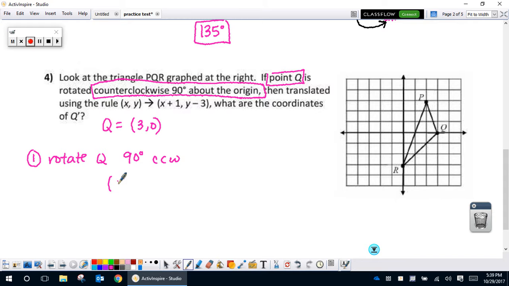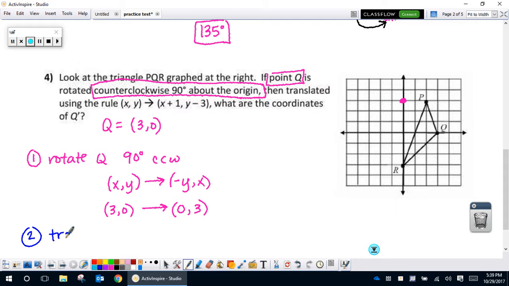You can see the rule is, when you start at (x, y), you go to (opposite of y, x). So if we start at (3, 0), opposite of 0 is just 0, we'd be at (0, 3). So you want to plot that point, (0, 3). We're not going to call it anything because they want our final point to be called Q prime. Okay? All right, and then you also now need to translate that (0, 3).